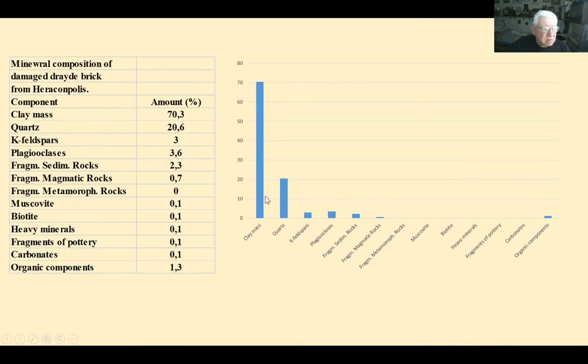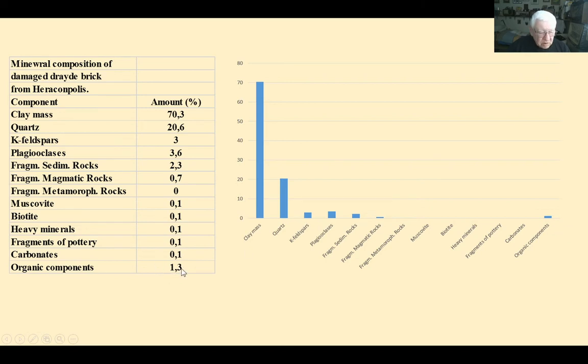We did a mineralogical examination of these relics of bricks, and they contain mostly clay minerals, quartz, some feldspars, probably of origin connected with the Aswan granites, small fragments of various rocks, sedimentary silts and clays, and some pieces of limestones, magmatic rocks from the East Desert, but also some small pieces of granite from Aswan, and organic compounds.